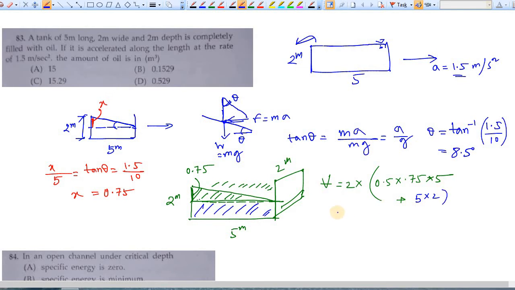If you calculate it, it will come as 16.2 something. But again in the options there is no such option, there is 15.2, that is the closest one, so C is the correct answer.